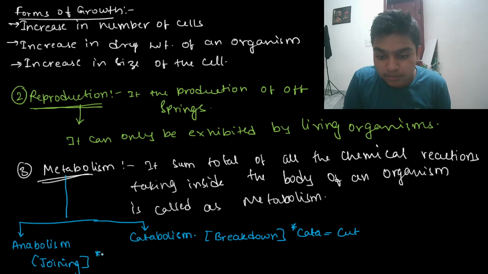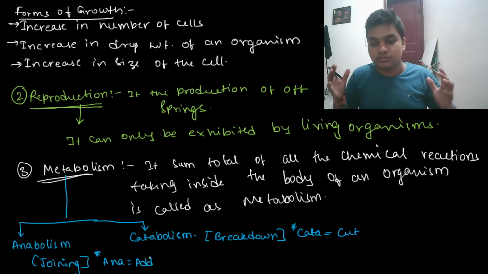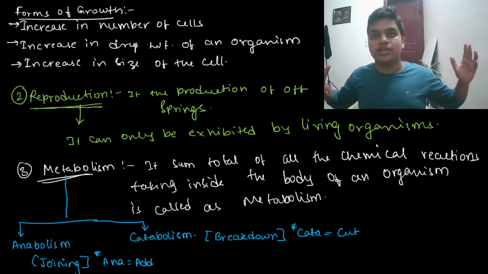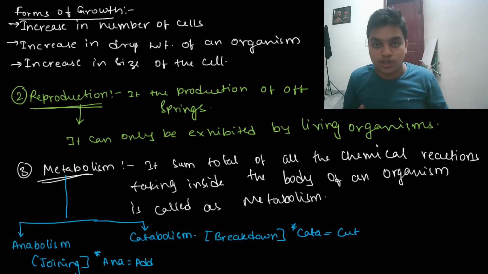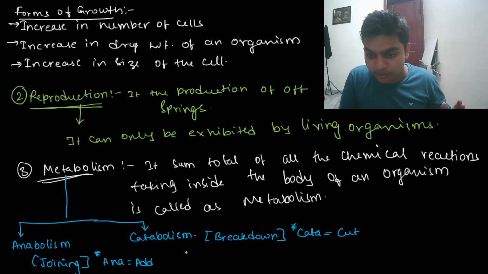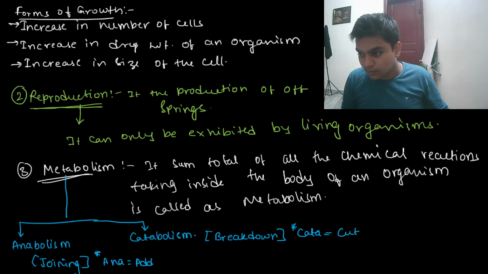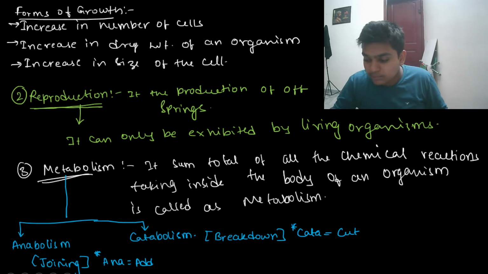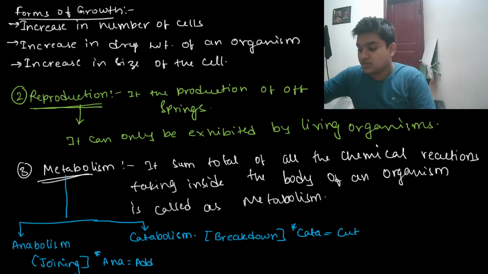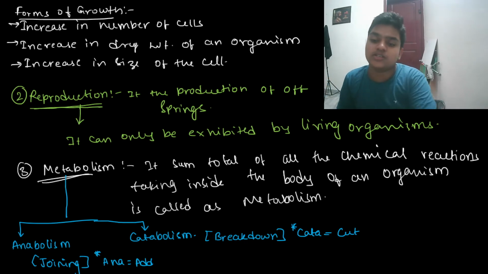Ana equals add, addition. Different sorts of materials aggregate to form a single molecule. In catabolism, a single molecule divides and energy is liberated. So cata means cut, breakdown process. Ana means add, addition process. It is a joining process, it is a breakdown process.